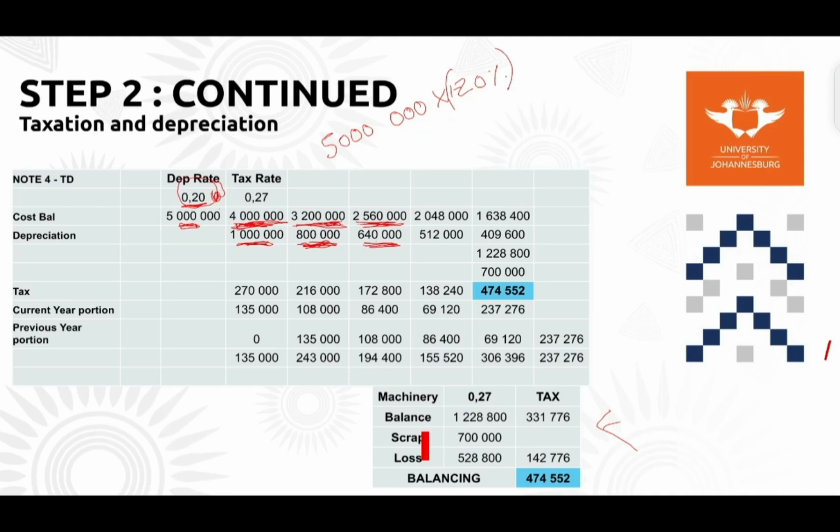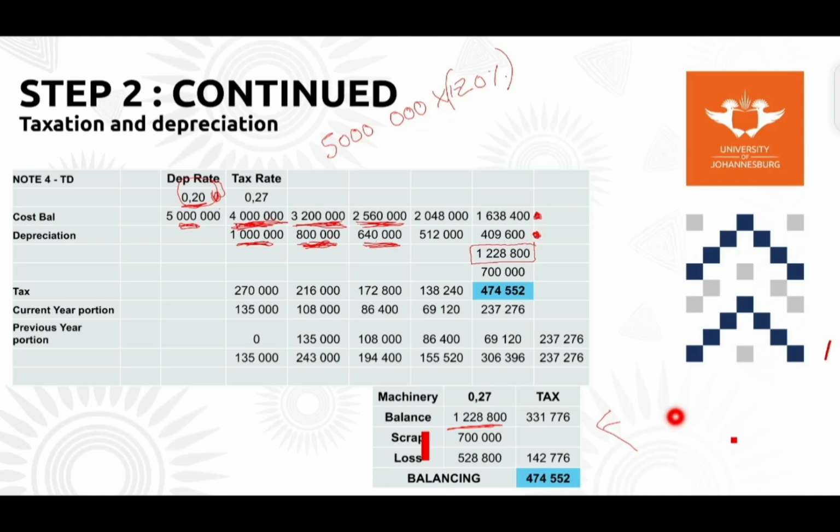So this amount comes from this amount less this amount, right? So basically this becomes the new residual value, right?